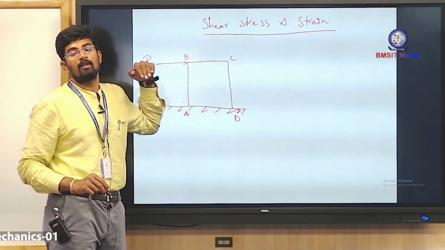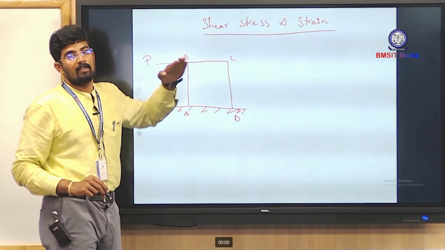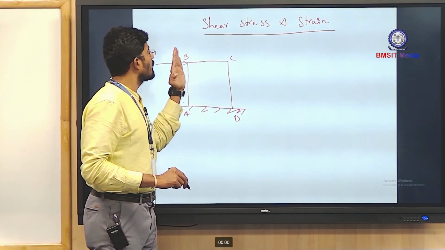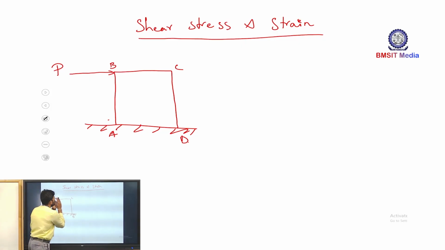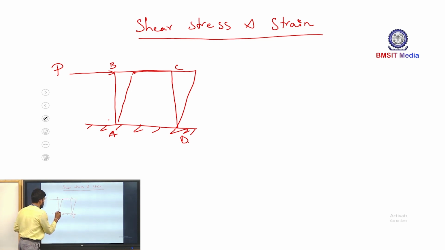What will it do to the structure? It will try to make a sway. It will try to push this structure away from its original position. How much, that we will quantify. Let me take this as theta.